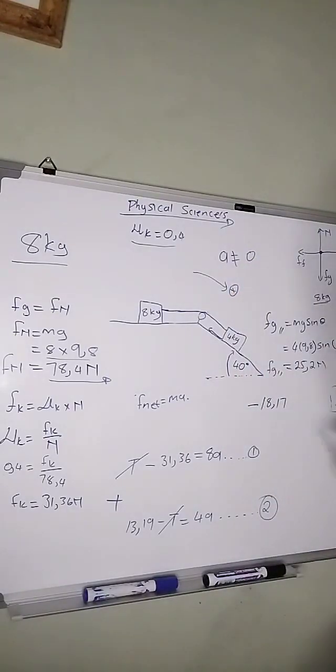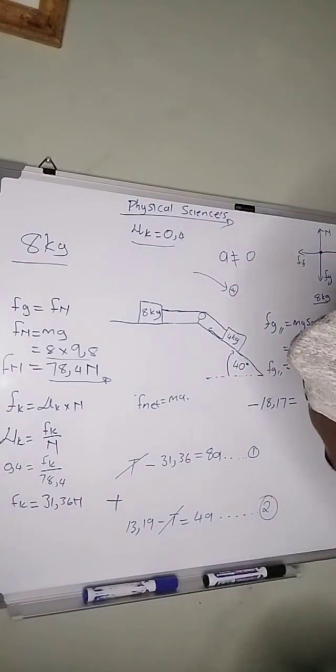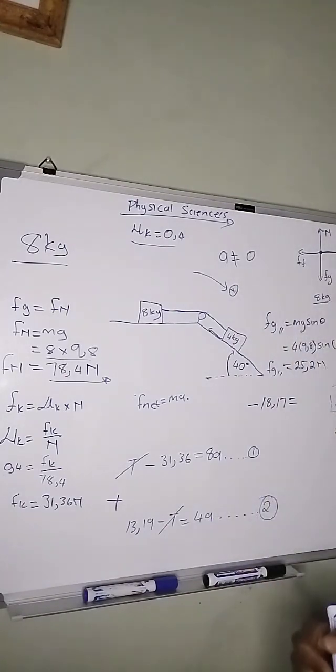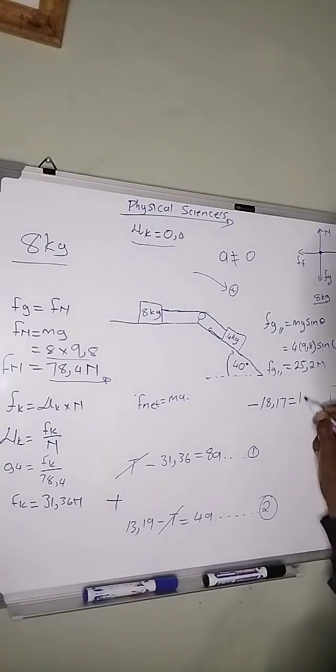So it's going to be equals to what? 8 plus 4 is going to be 12a. Then divide by 2.